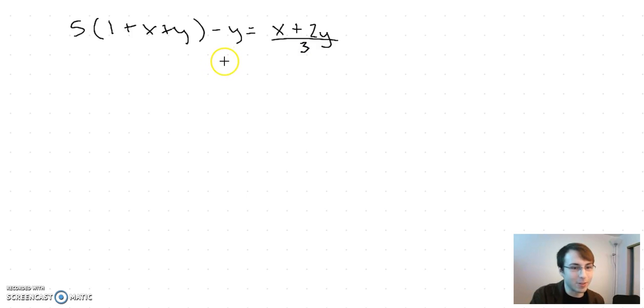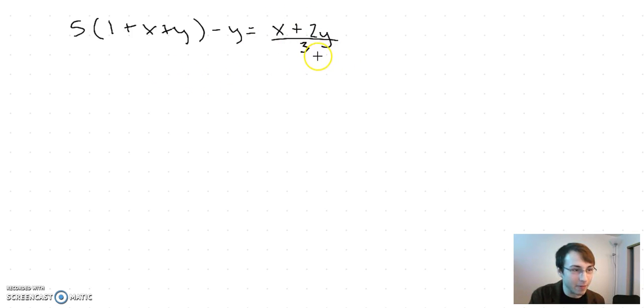Okay, that looks really ugly. That looks like a really ugly equation because it's got a bunch of multiplication, a bunch of fraction stuff going on. But that's going to simplify to a really nice linear equation. So let's go pretty it up.